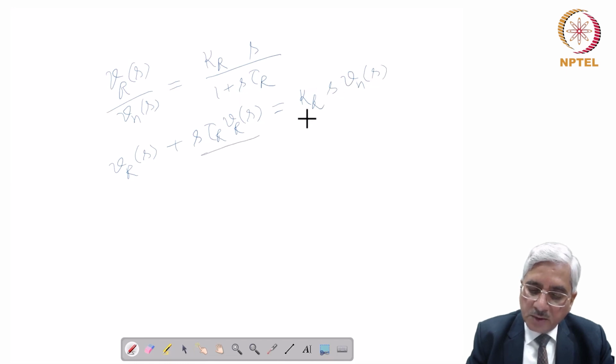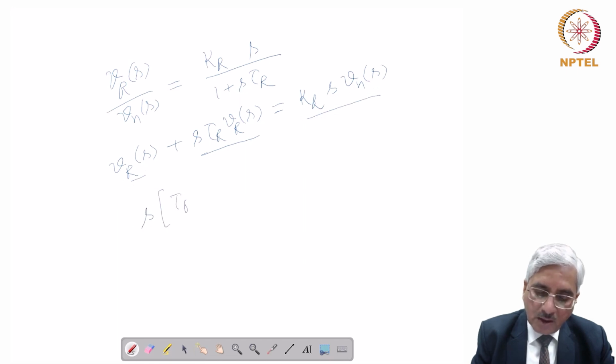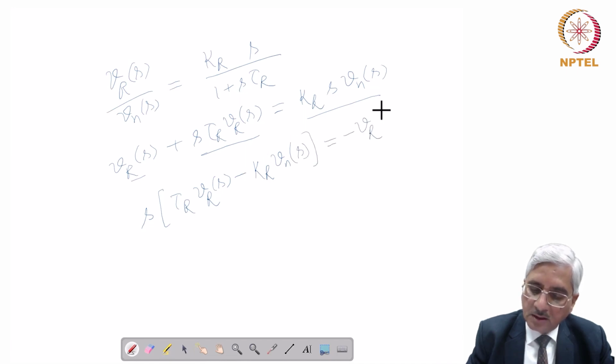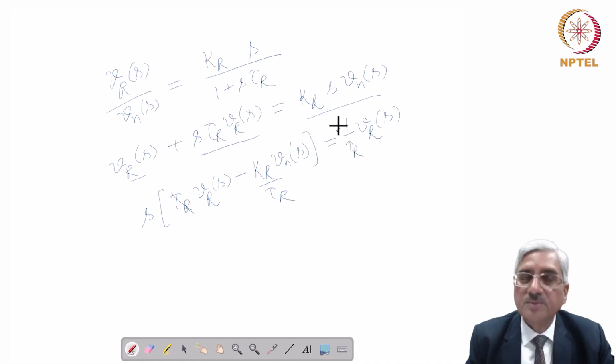We bring these two terms together on one side and this on the other side. So what we will have, S tau R Vr minus Kr Vn equal to minus Vr(s), and we can divide it by tau r. It becomes this.